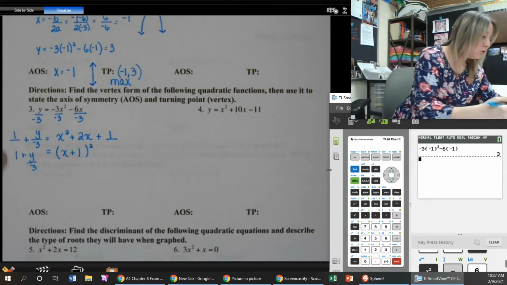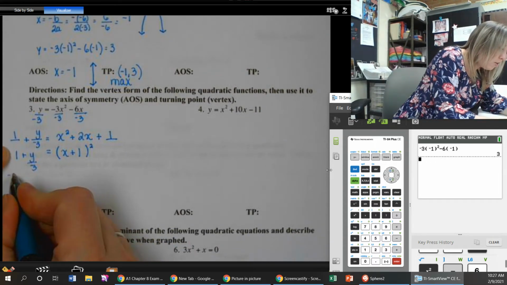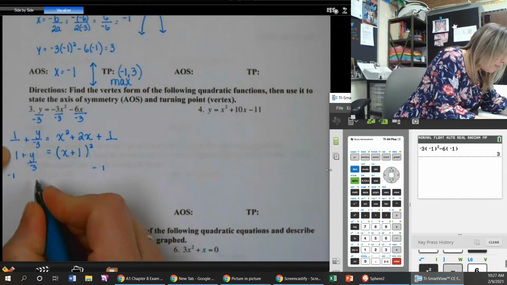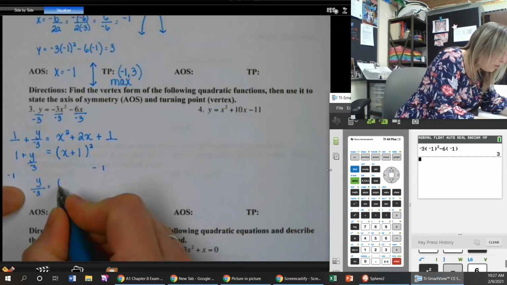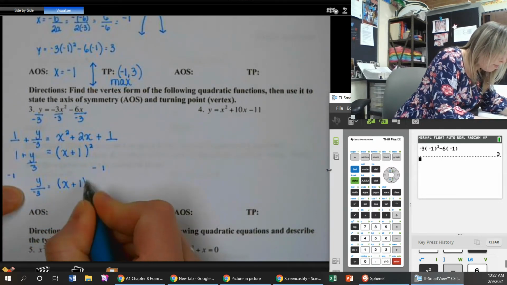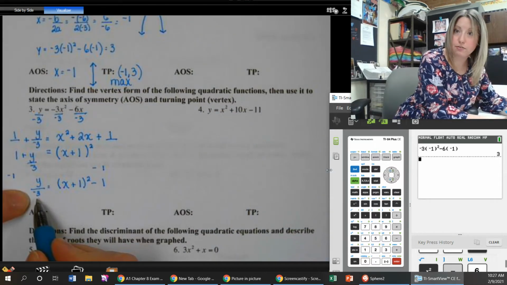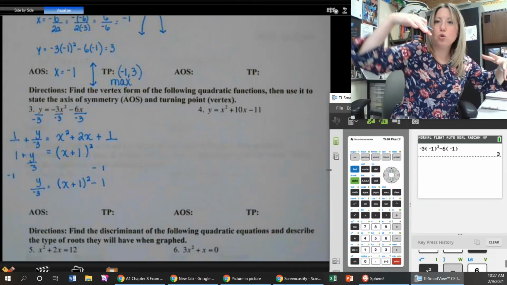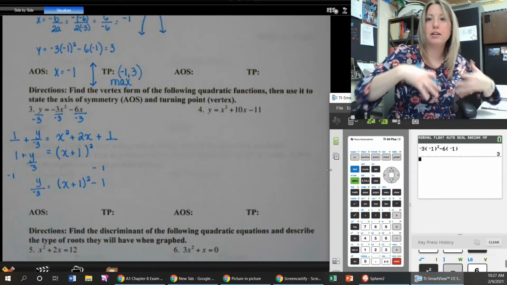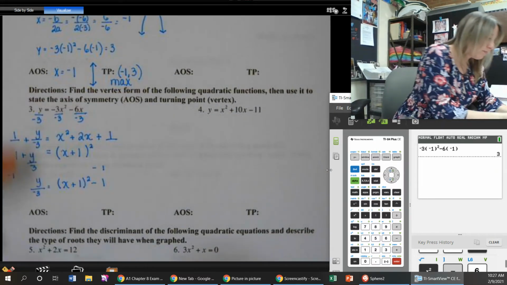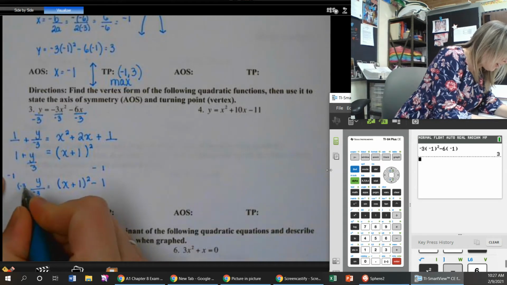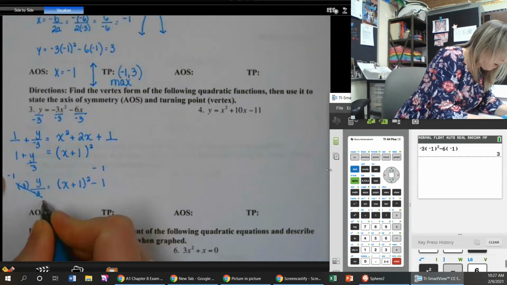So now start by subtracting 1 over, and you really just put that 1 at the end. Remember, this is a negative 3 that's underneath y. So you've got x plus 1 in parentheses squared minus 1 at the end. And now you've got this negative 3 here that needs to be re-multiplied into the other side. So we just re-multiply by negative 3 so that now your y is all by itself.